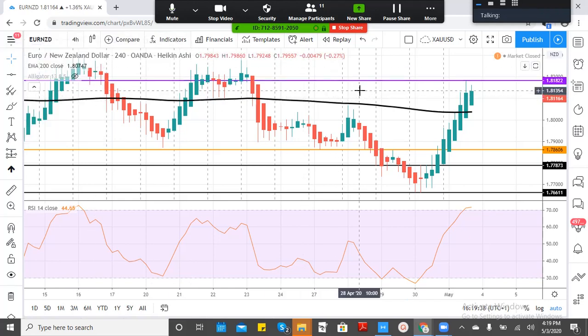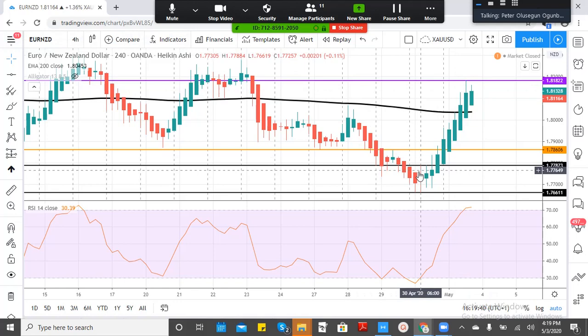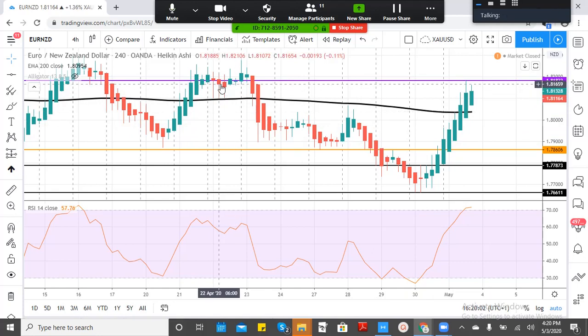Good. So the price could not move and then break this. There's a level that the price used as a support here, and also as a support at this point. Support here and support here. The price had gone past this and past this level. The price is presently here at this level.